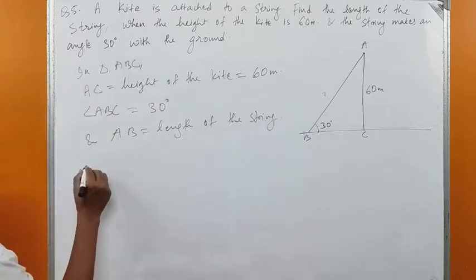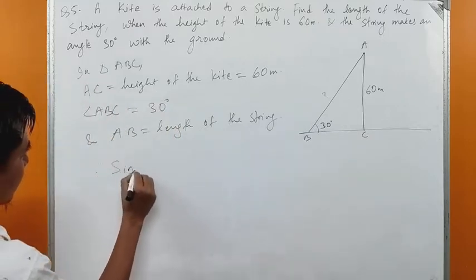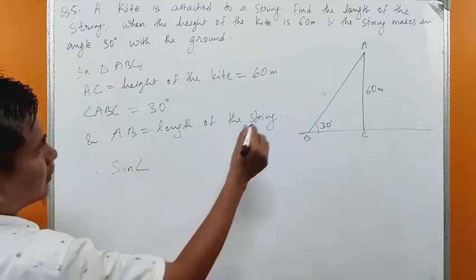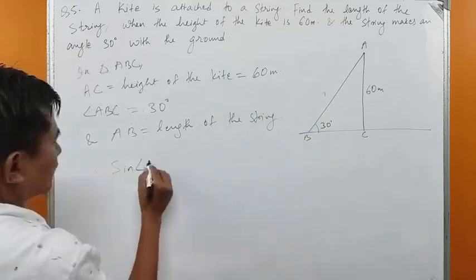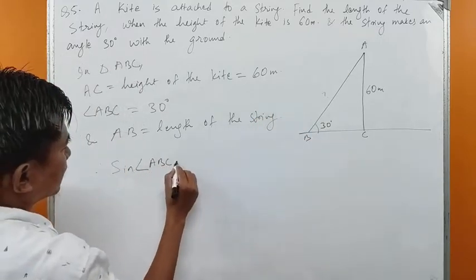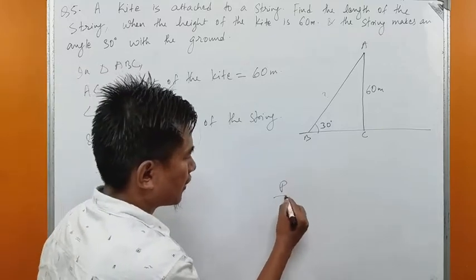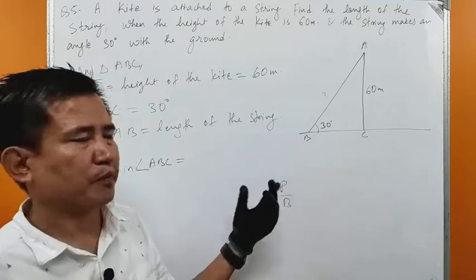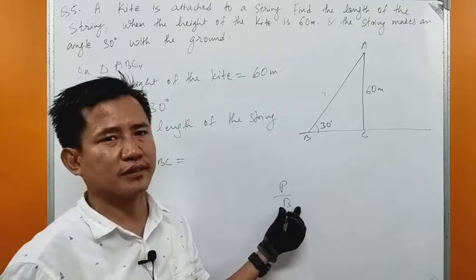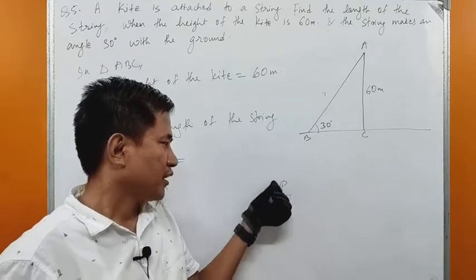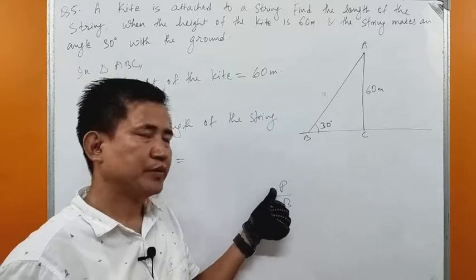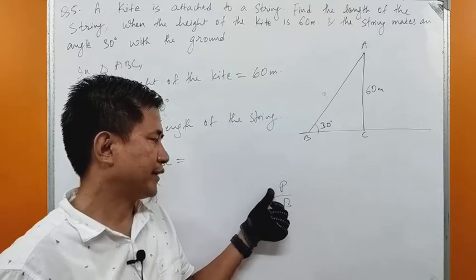So since sine theta, sine of angle ABC, we apply tan theta when perpendicular and base are given to us, or perpendicular is given to us and base is being asked. Okay, when we relate perpendicular and base, we apply tan theta.